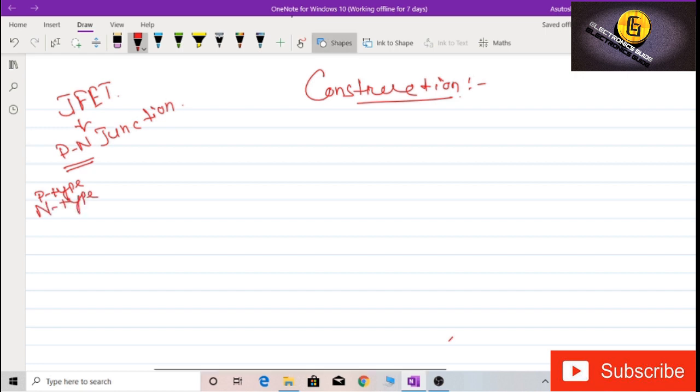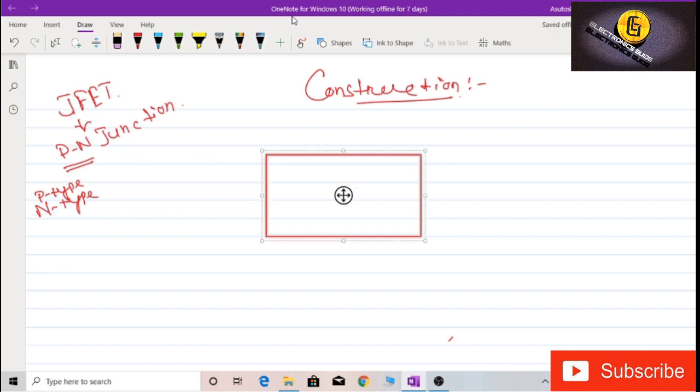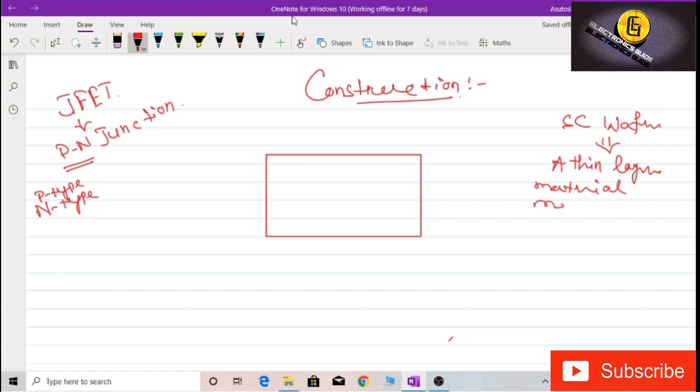The first step to manufacture a JFET is to construct a substrate. The substrate is nothing but a semiconductor wafer. Wafer means a thin layer of material made up of semiconductor crystal.